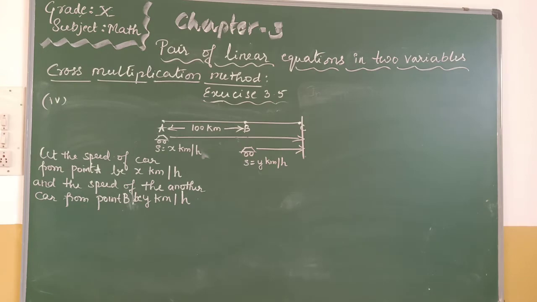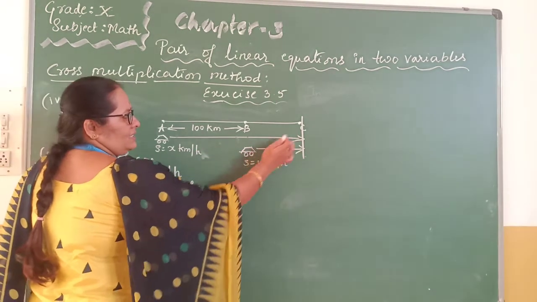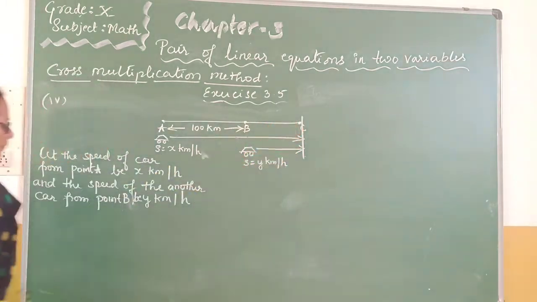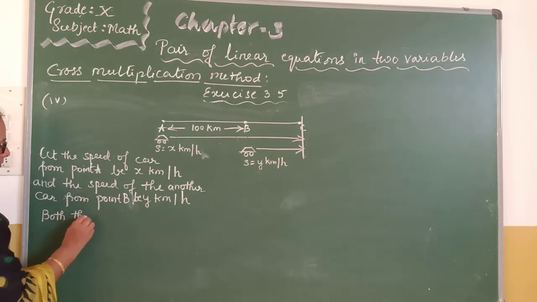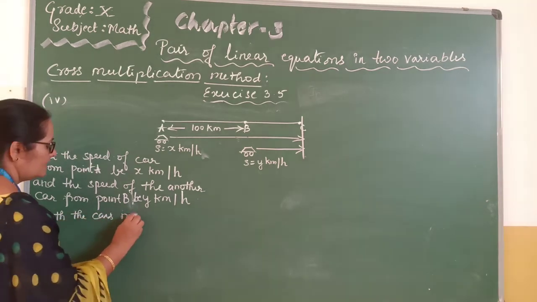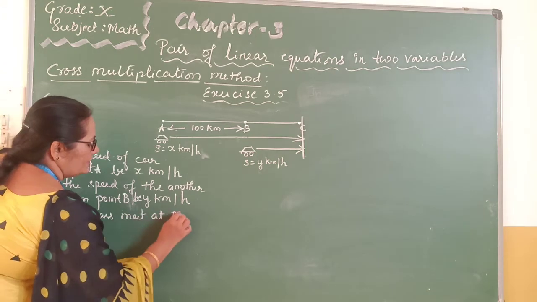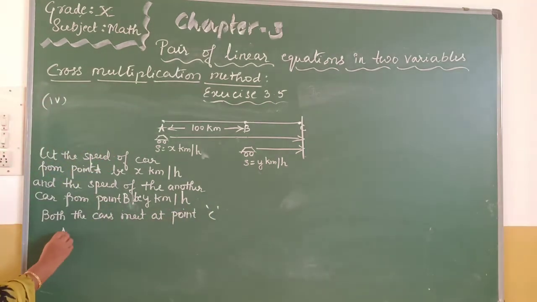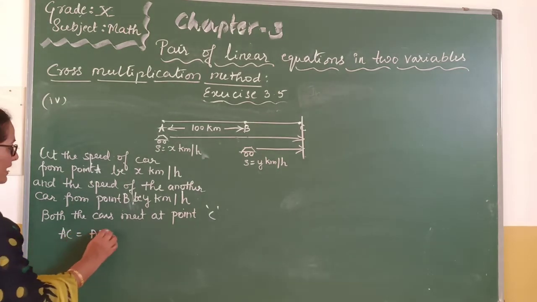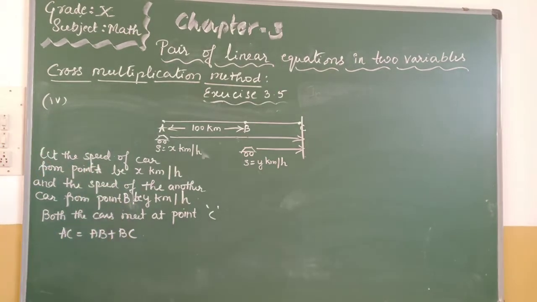Now the first condition is, see here, both the cars meet at point C, so AC equals AB plus BC. What is AC here?